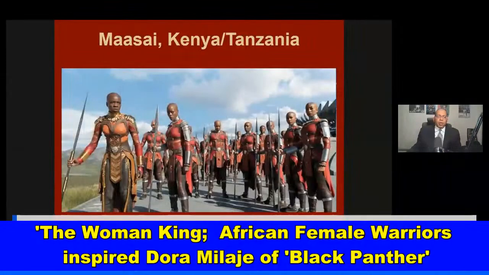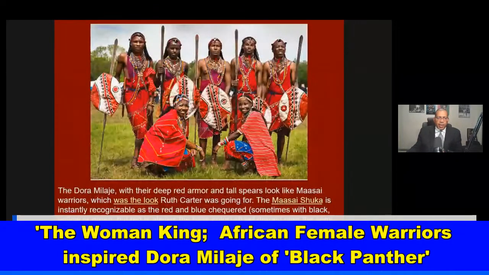All right. And then we know that the costumes of the Dora Milaje are inspired by the Maasai of Kenya. The dress of the Maasai of Kenya and the colors from Kenya as well. The Dora Milaje with their deep red armor and tall spears look like Maasai warriors, which was the look that Ruth Carter was going for.